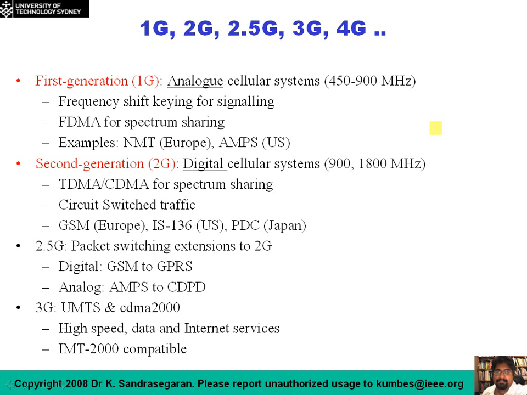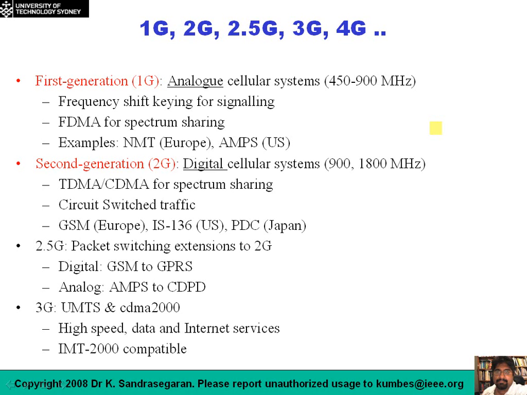The second generation systems, an example being GSM, were digital. So there was a big change from analog to digital, and as a result of moving to digital, we could incorporate a lot of security technologies like encryption, and also the quality improved. These second generation systems were primarily TDMA and CDMA based. Both first and second generations were circuit switched technologies.